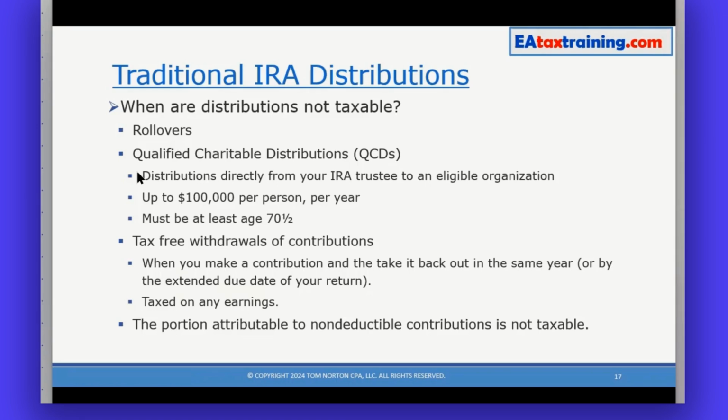But this allows you to do that without having to itemize deduction, and it allows you to not have to worry about the limits. If you'll remember, there were limits to how much you could contribute in a year depending on your total income, etc. So you don't have to worry about any of that with a qualified charitable distribution.